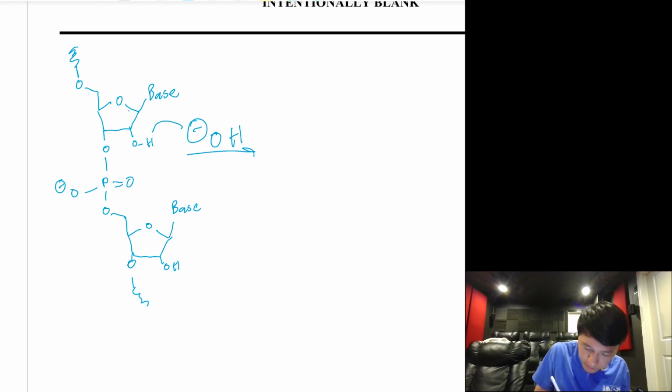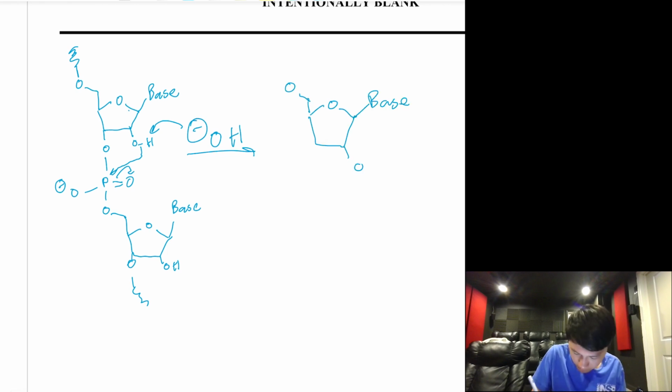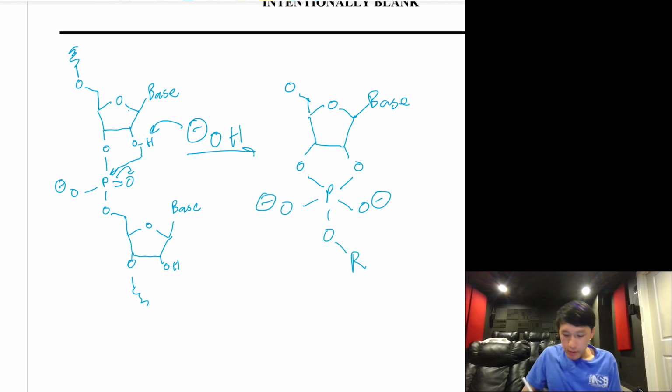And what it's going to be able to do is deprotonate this 2' hydroxyl group. And it's going to give the oxygen and the electrons to attack this phosphorus. And it's going to do this, giving us this type of structure, like so. And this is the cyclic phosphate intermediate that we're looking for, and it's present in RNA.